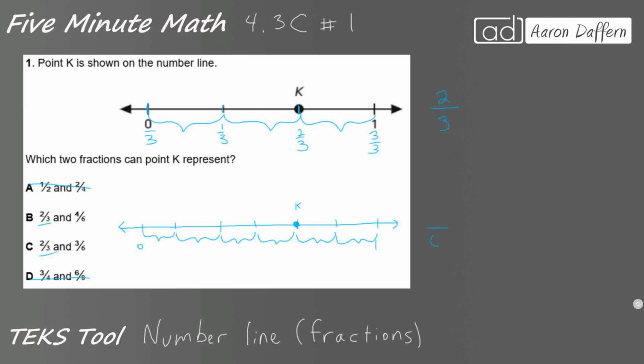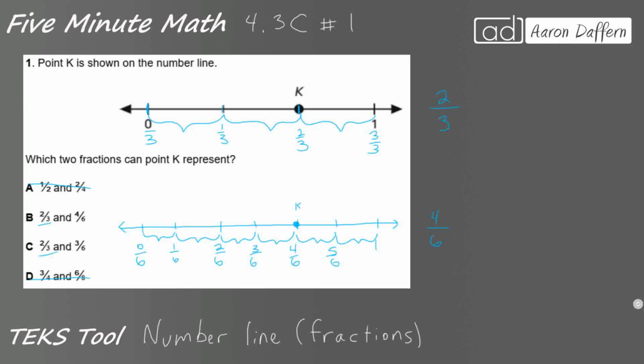So these are sixths. Then I can mark them as 0/6, 1/6, 2/6, 3/6, 4/6. All right, so it looks like 2/3 is equivalent to 4/6.